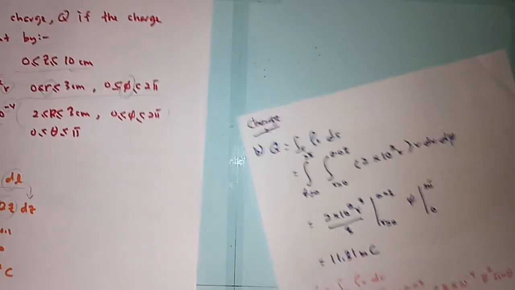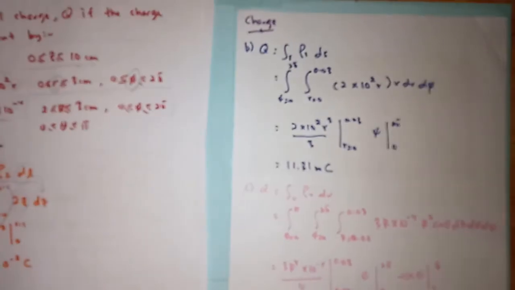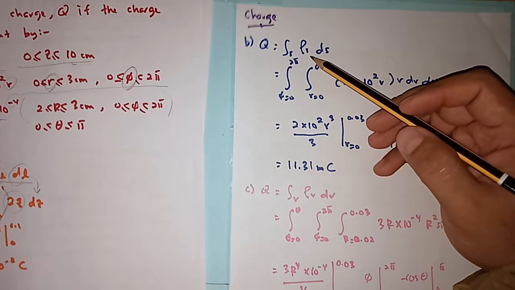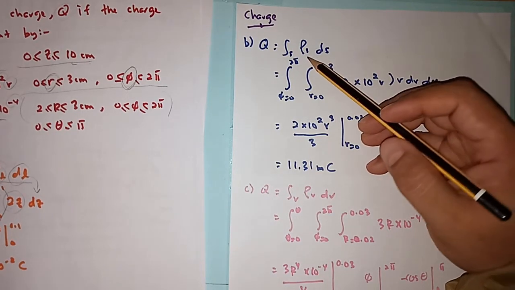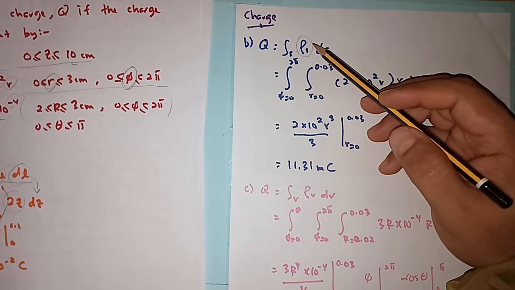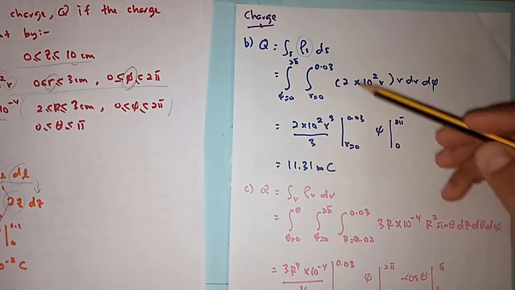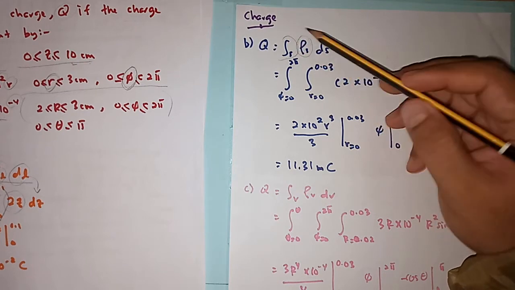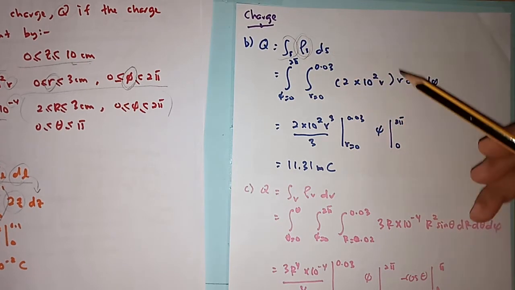On the second question, since the question gives us the value of charge in the surface charge density rho s, we need to perform a surface integration of rho s dot ds.